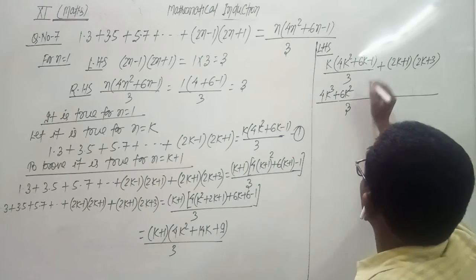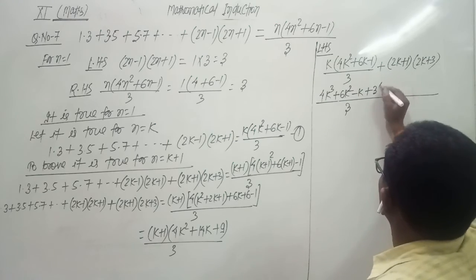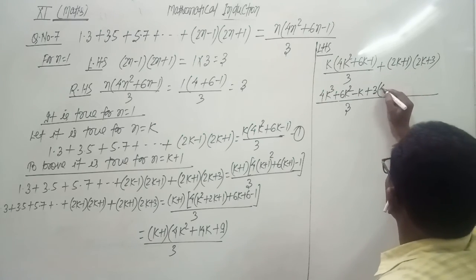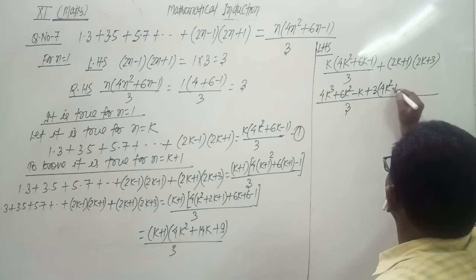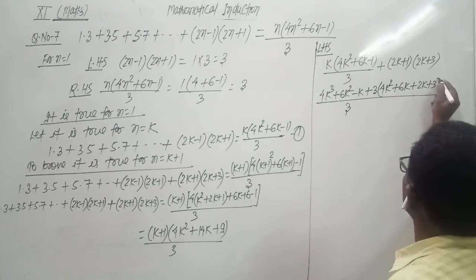4k cube plus k into 6k, 6k square minus k plus 3 multiplied by 2k into 2k, 4k square plus 6k plus 2k and plus 3.